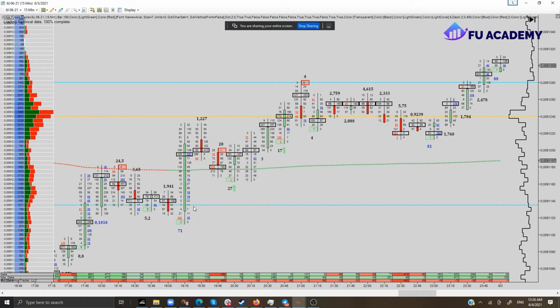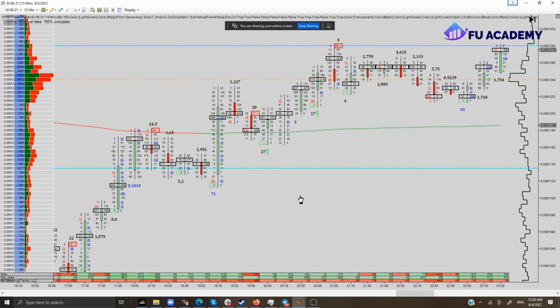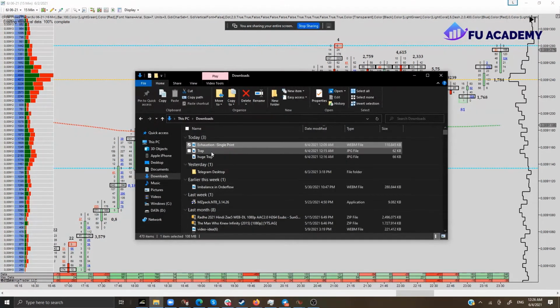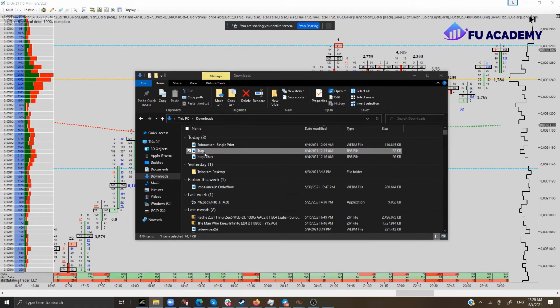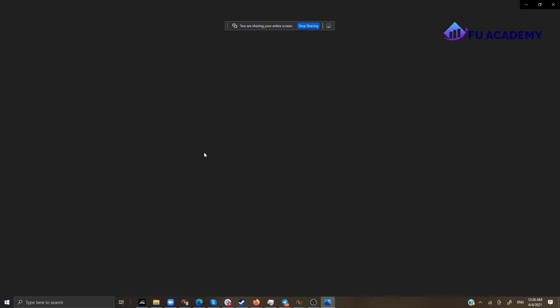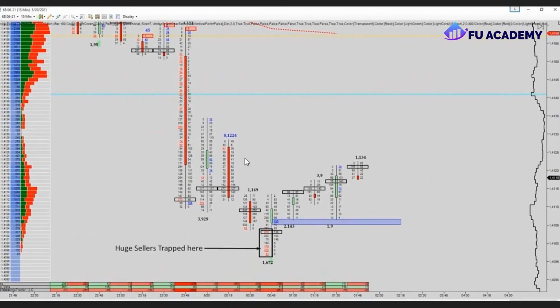And this much confluence, if you're getting it, is enough to go into the trade with confidence. Let me pull out some pictures for you. So on this setup we saw, I think last week, huge sellers trapped here.